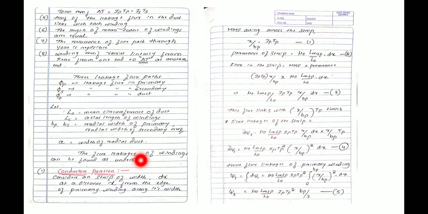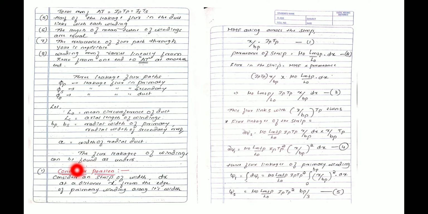This total leakage flux will help to estimate the leakage reactance of a core type transformer. The winding is nothing but the conductors, so that is the reason I have considered the conductor portion here. In this portion we have to calculate the leakage flux in the primary winding and the leakage flux in the secondary winding.